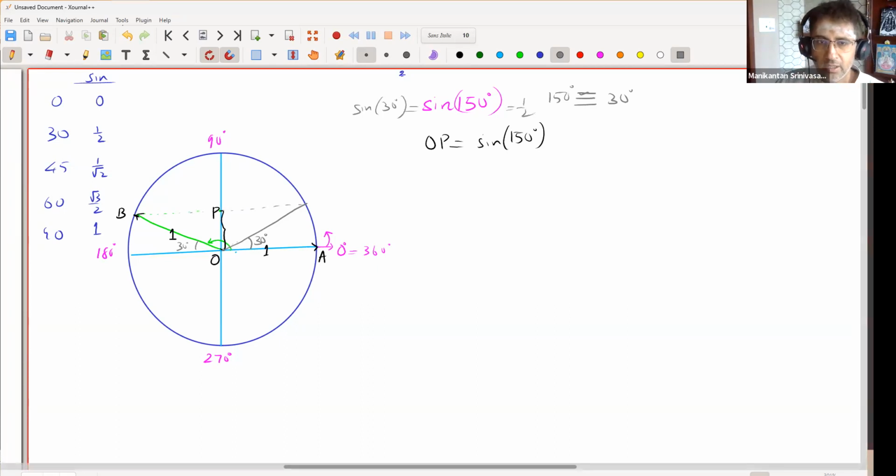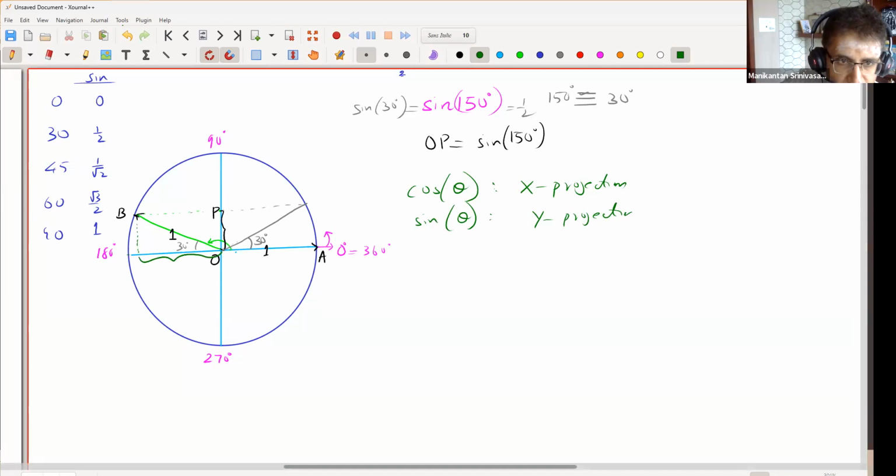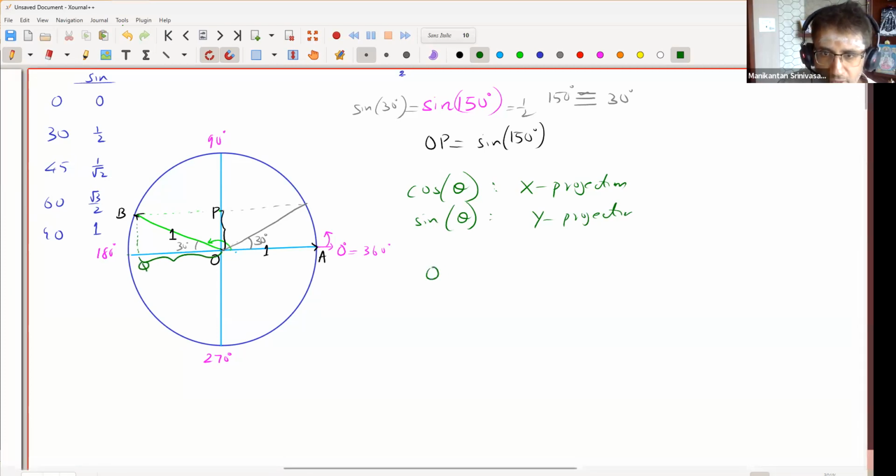Right? Now I can do the same for cos. Suppose I need cos 150. Cos is the x projection. So cos theta is the x-axis projection. Sine theta is the y-axis projection. Okay, so what do I mean by the x-axis projection again? So if I want cos 150, I'll say this length OQ is my cos 150.